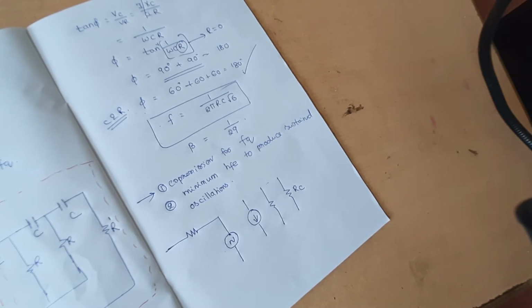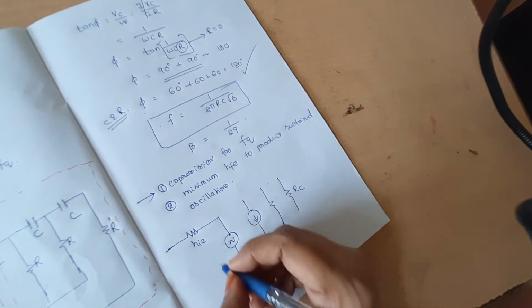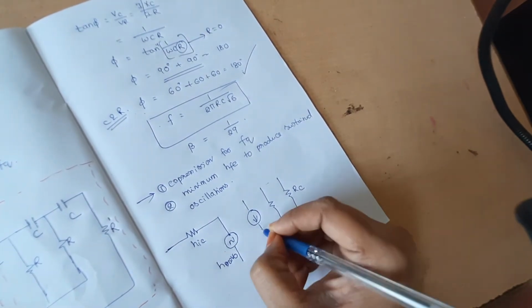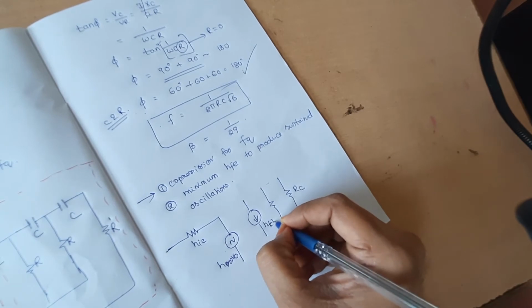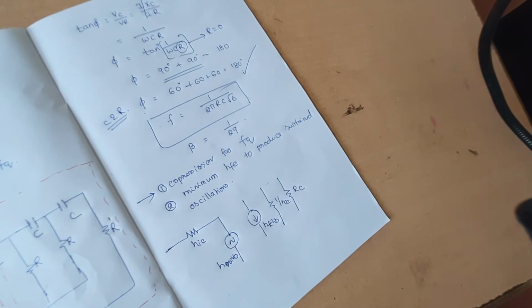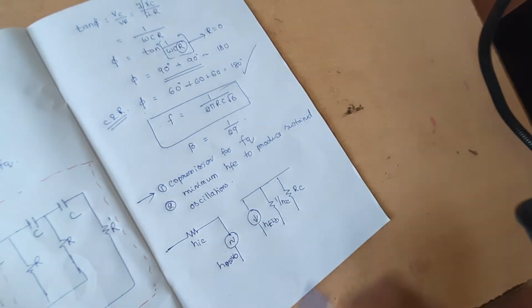We already discussed the hybrid pi model of the transistor configuration. It is like this: hie, this is hre V0, this is hfe IB, and the output impedance 1 by hoe. For this, you have to join the 3 RC sections.